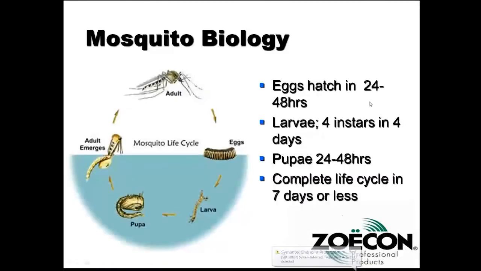Let's see. Mosquitoes, you're looking at a mosquito going from egg to adult in about a week, depending on temperature. It could be shorter or longer. Eggs hatch in 24, 48 hours, and they'll spend a day or two in each instar and then emerge to the adult stage.